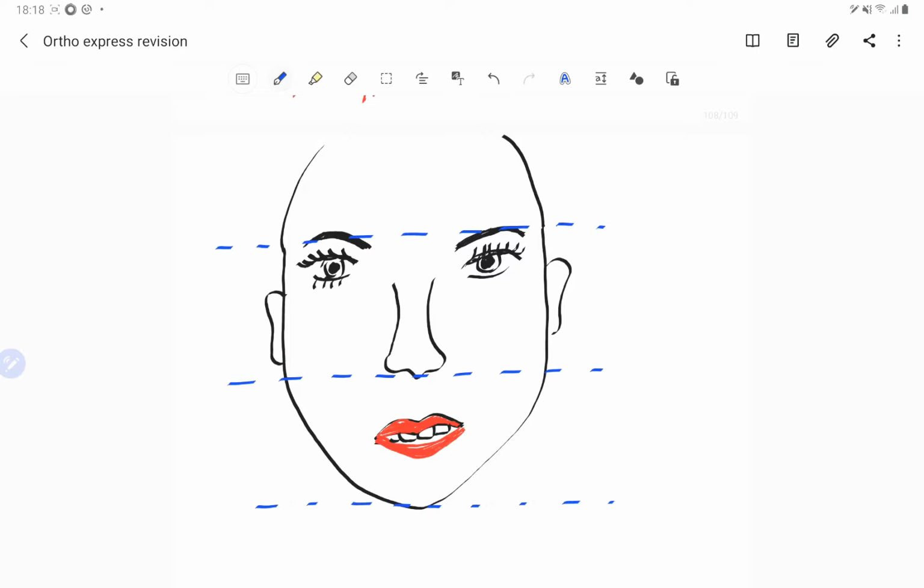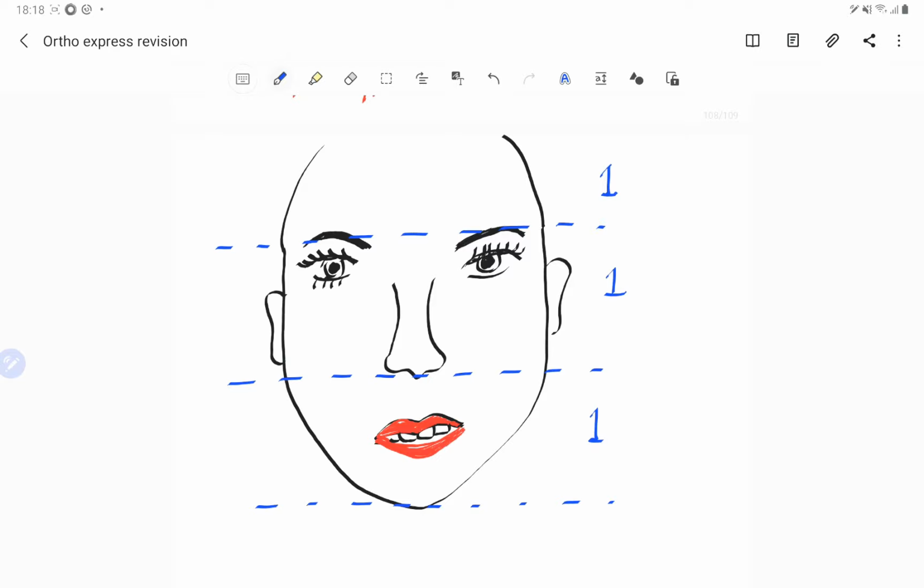If you can see here, the upper 1/3 of the face, the middle 1/3 of the face and lower 1/3 of the face, they are almost equal. So the ratio between the middle third of the face and the lower 1/3 of the face is almost 1:1. It is actually 45:55, but we can say in a balanced face the ratio is almost equal, so 1:1.